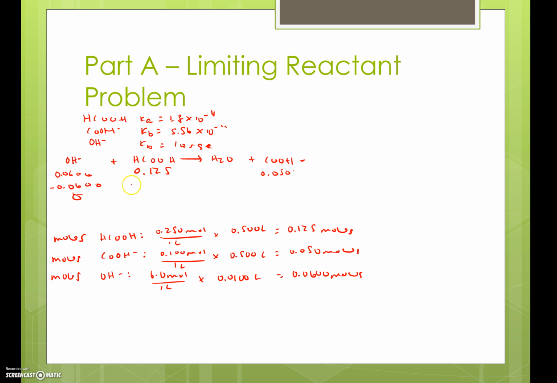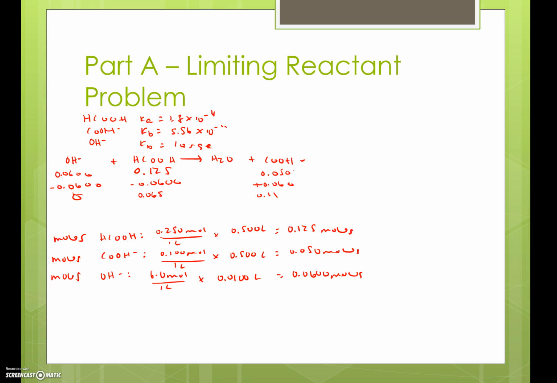It's stoichiometric, so 0.0600 moles of formate ion is going to react, which will leave us with 0.065 moles. And we're going to produce 0.060 moles of formate ion, so that's going to give us 0.11.